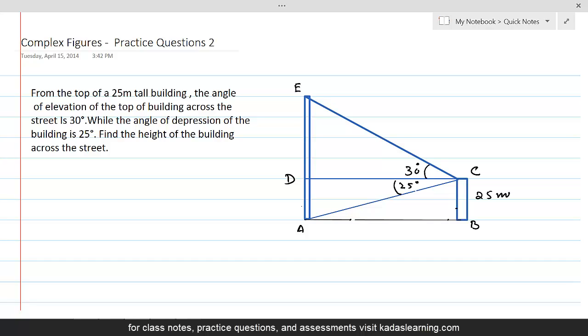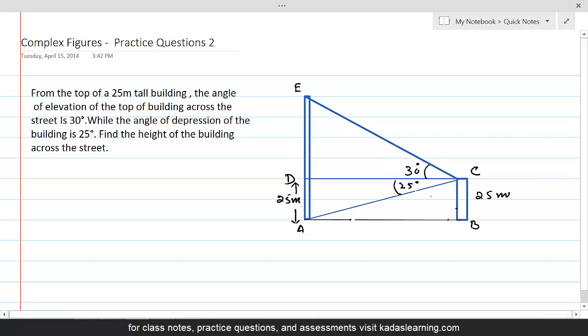Now BC and AD being opposite sides of the rectangle, AD is also 25 meters. So let's mark this as 25 meters. Now we will be required to find DE.